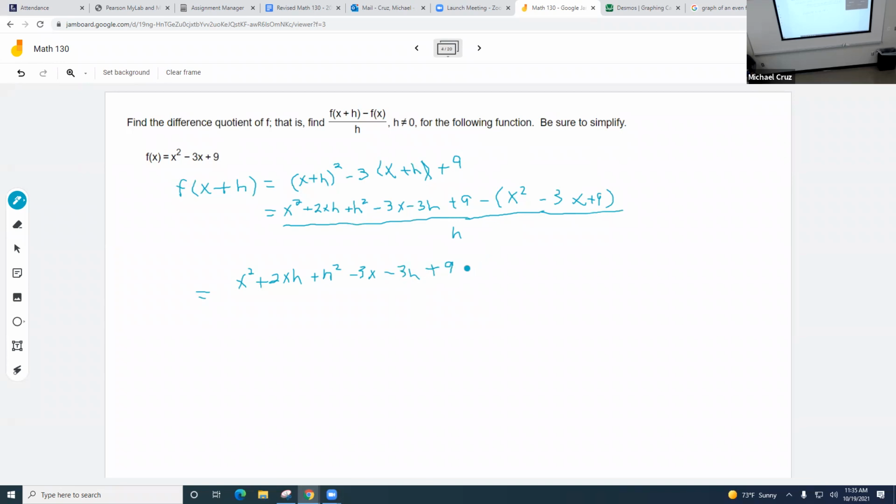So it's negative x squared. It's the negative of a negative 3x, so that's positive 3x. And then it's negative of 9, which is negative 9.